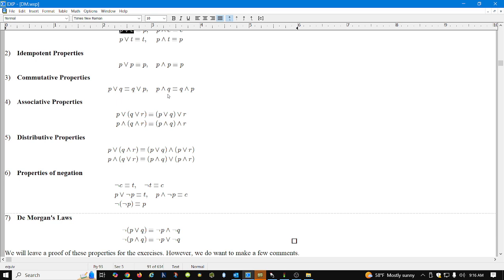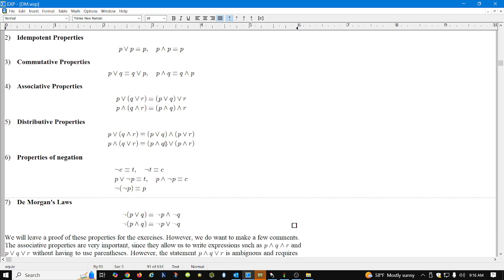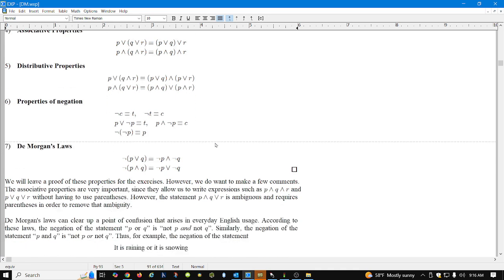We have the commutative properties, the associative properties, the distributive properties, properties of negation, and De Morgan's laws. Okay. And I've left proof of these properties as exercises.